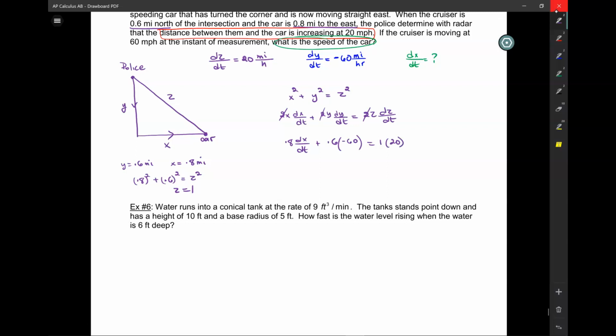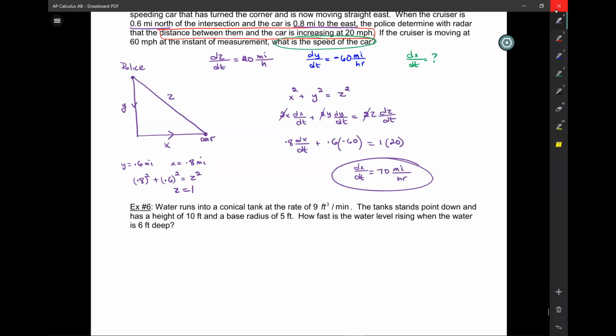So finally, solving, adding, subtracting, multiplying, dx/dt is 70 miles per hour. Okay, wow, I got a positive value. Does that make sense? Yeah, that makes sense because x is increasing. X is moving to the right, so that's the positive direction.